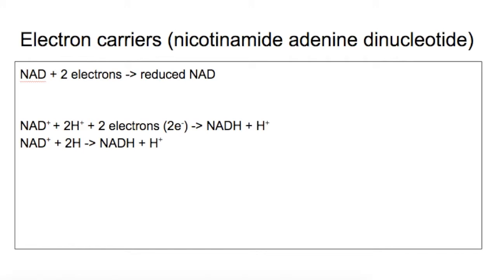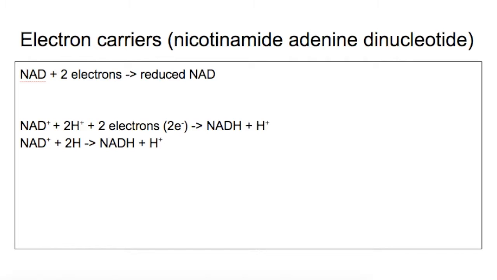happens. But to give a more in-depth explanation, initially NAD had one positive charge and exists as NAD+. It gets its 2 electrons from 2 hydrogen atoms that are removed from the substance that is being oxidized. One of the hydrogen atoms is split into a proton and an electron, and the NAD+ accepts the electron, and the proton, which is H+, is released.